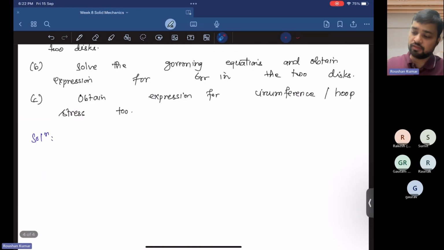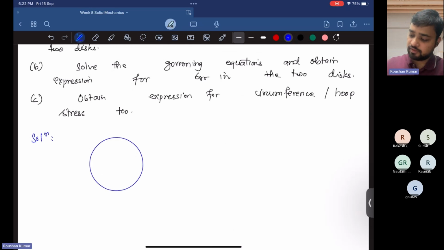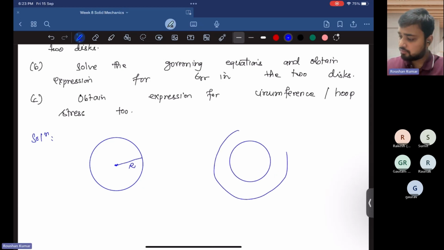So we have two disks basically. One is a solid disk of radius big R, and the other one is a hollow disk of inner radius R1 and outer radius R2.